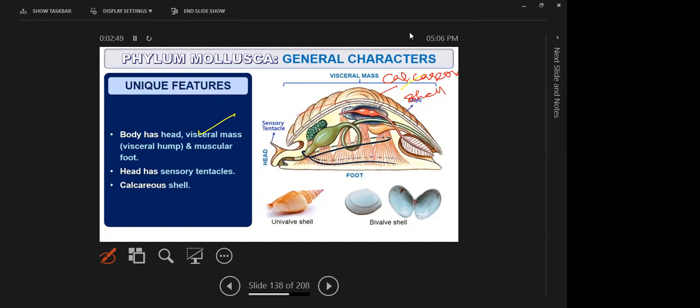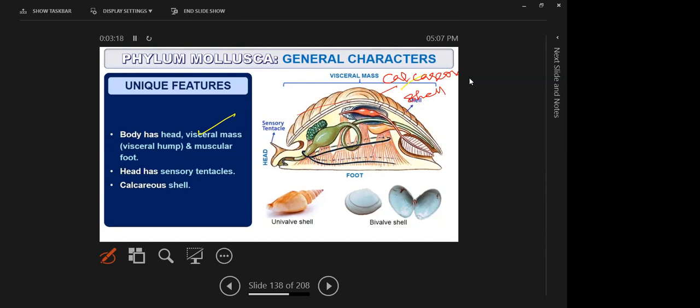You are talking about ecological behavior. I have understood. Yes, they get attached to the shells of the different mollusks and move from one place to another.